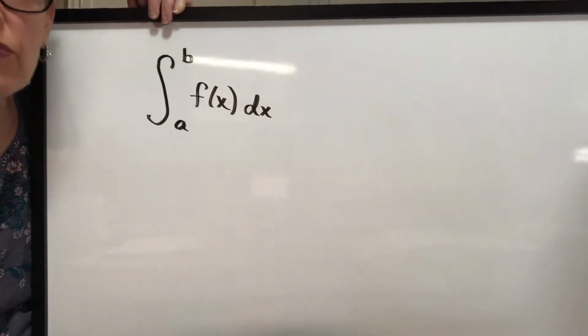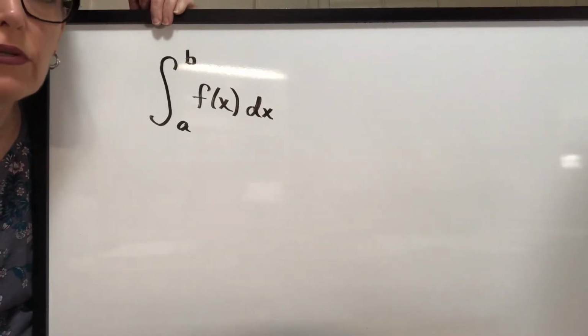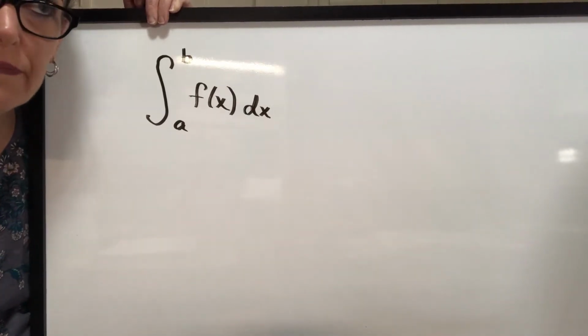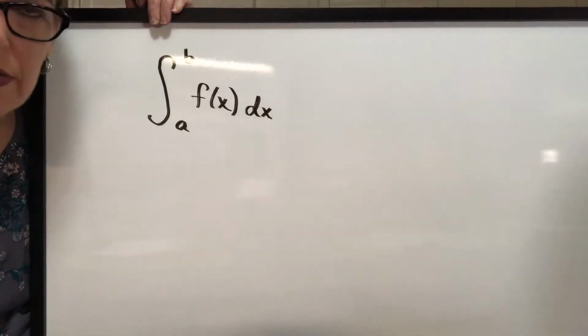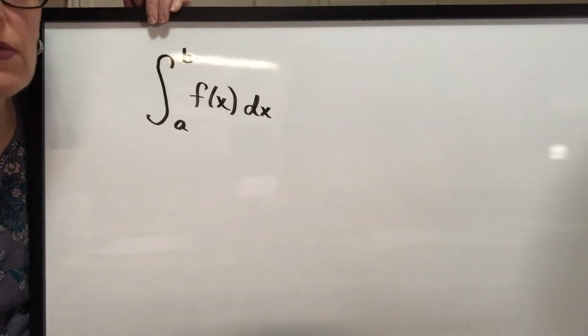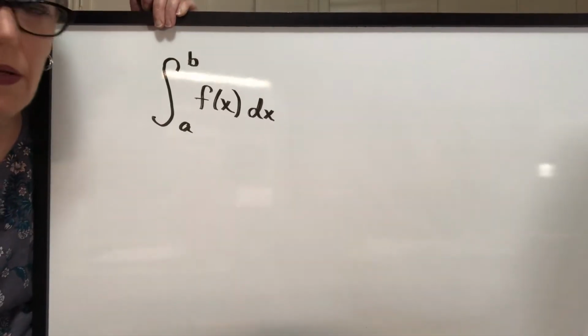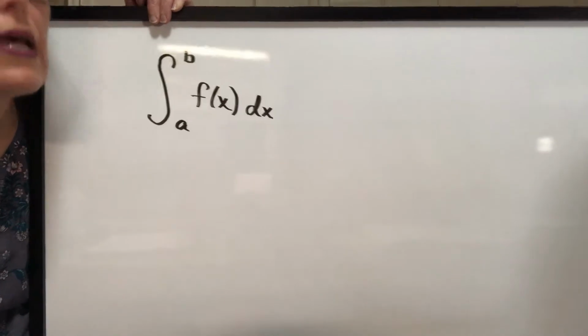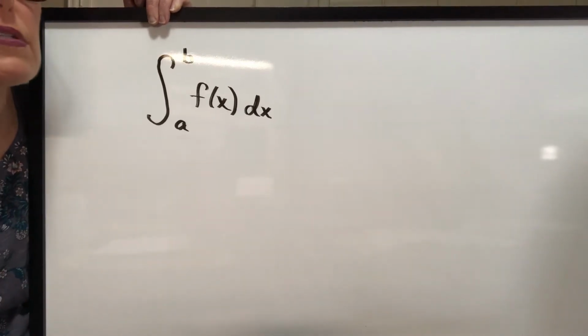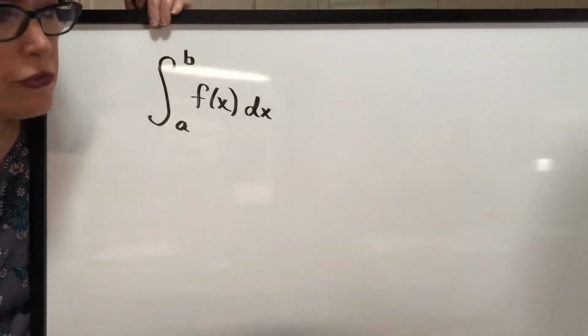So kind of like when you were first starting math, you learned that addition and subtraction are inverses of each other, and multiplication and division are inverses of each other, and so on. So all the way up through calculus, here we are, inverses are derivatives and integrals.